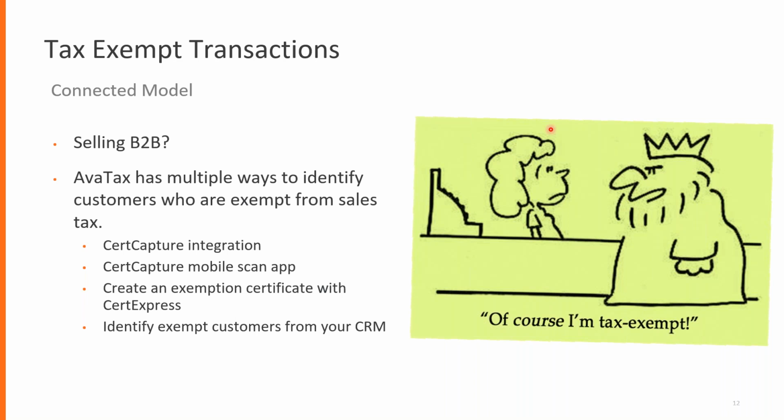Those that have a smaller customer base with exemptions, in those scenarios we might see the manual passing of the entity use code or customer usage type to trigger the exemption. So it's really looking at what the merchant's needs are and the level of exemption activity that you might be having. And when you talk about exposure, you're talking about audit exposure.